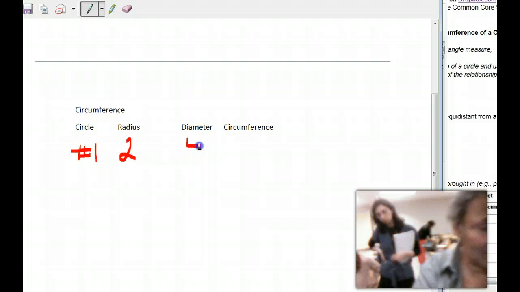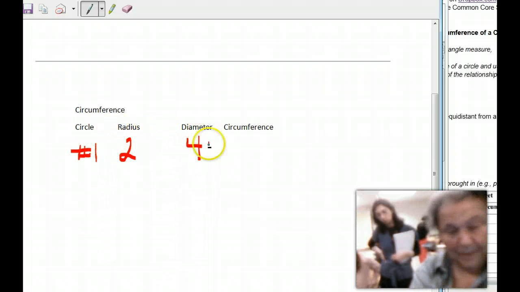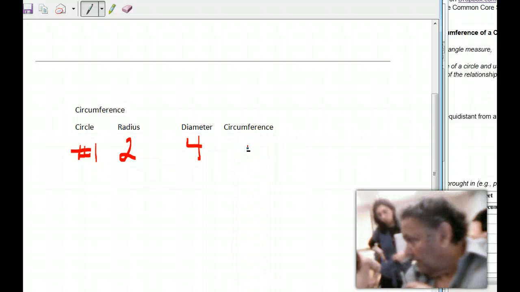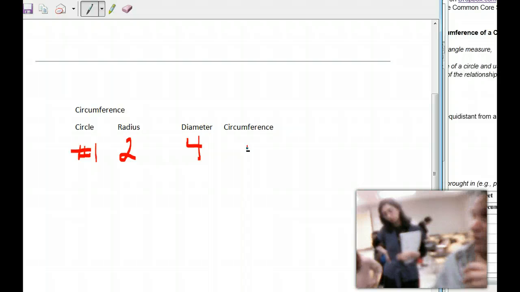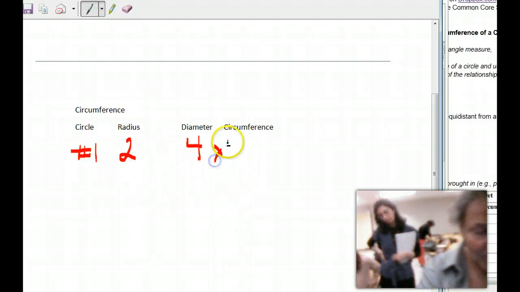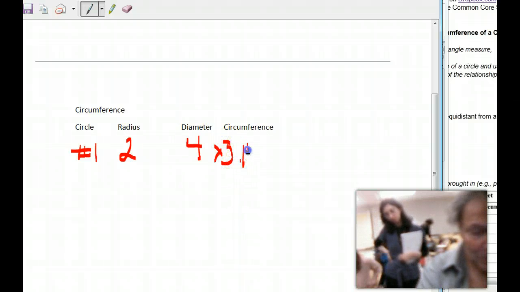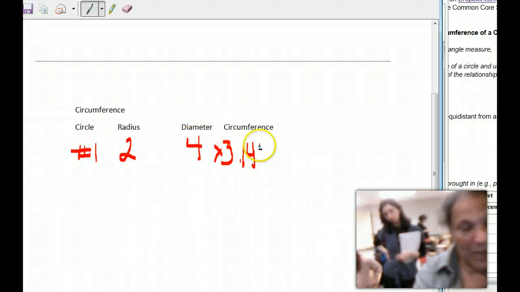Diameter is going to be 4, because the radius, 2 of them will get me the diameter. And what is the circumference going to be? Well, it's going to be more than 3, right? It's going to be 12 something, because this times 3, 0.14, that would be more exact, but we figure it's going to be 3 plus a little more, so why don't we just say that it's going to be about 13.